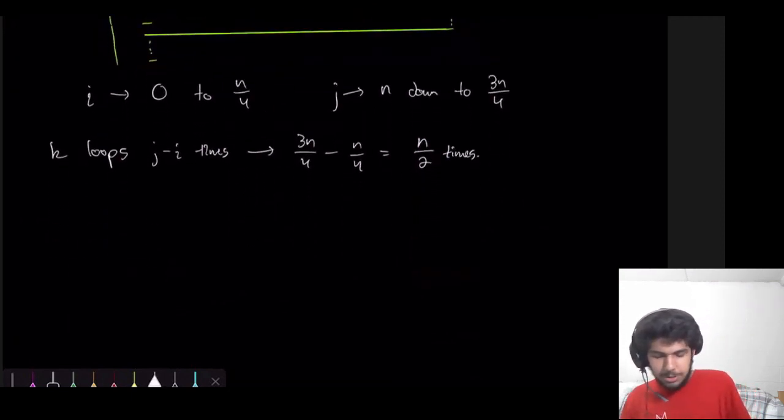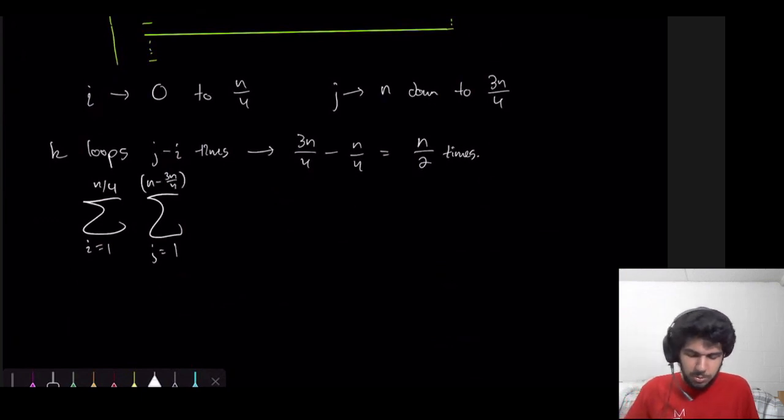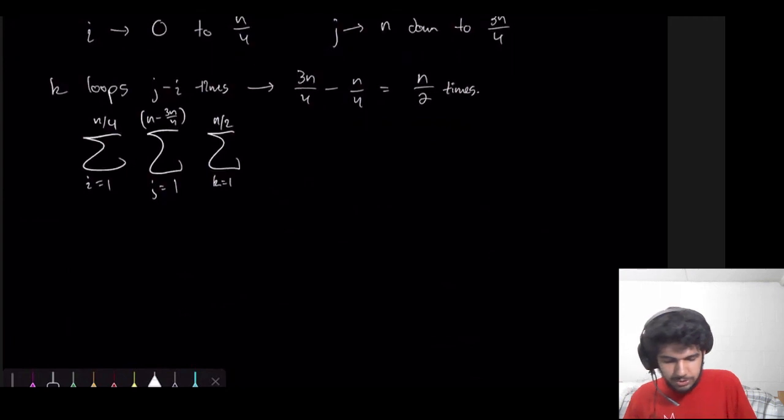And now we can use our direct sum again. So i goes from 1 to n over 4, j goes from 1 to n minus 3n over 4, because we're counting how many times the loop runs. And then k goes from 1 to n over 2, and the print statement is some constant, which I'll call c.